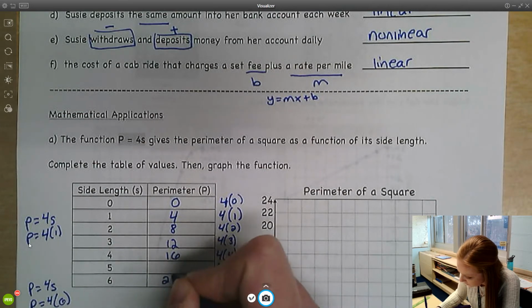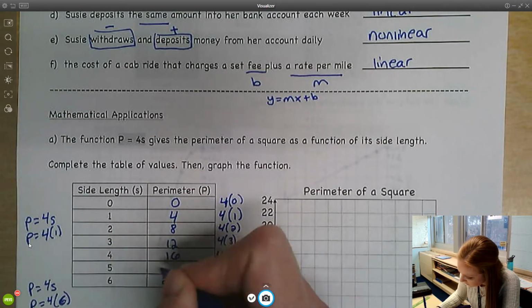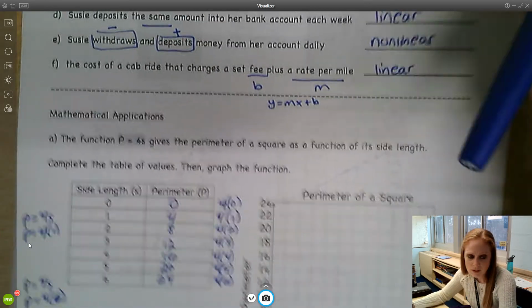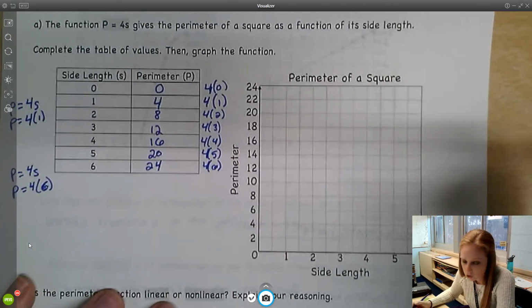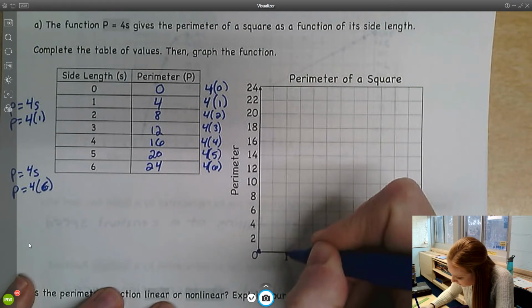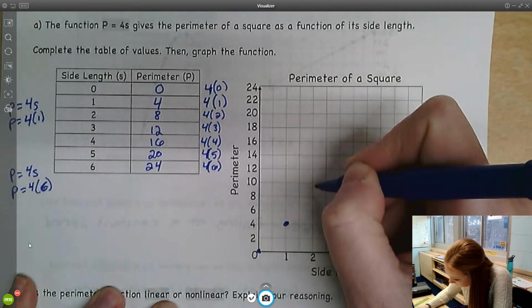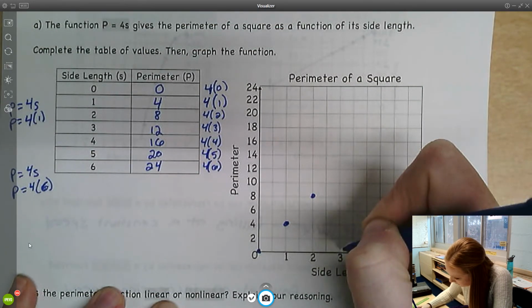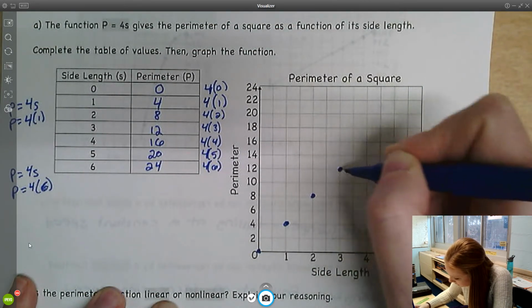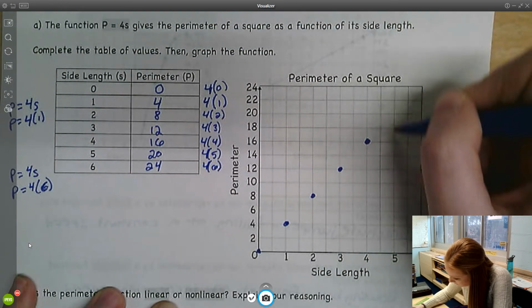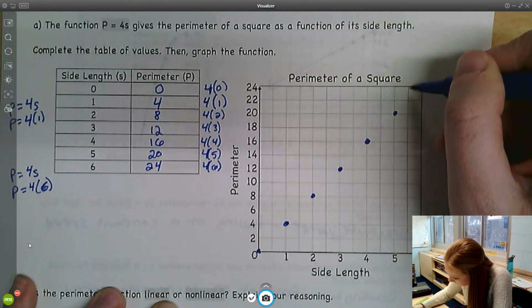That's going to give you 24. 4 times 5 would give us 20. Okay, and we can graph this. Starting at 0, 0. The next point is 1, 4, 2, 8, 3, 12, 4, 16, 5, 20, and then 6, 24.